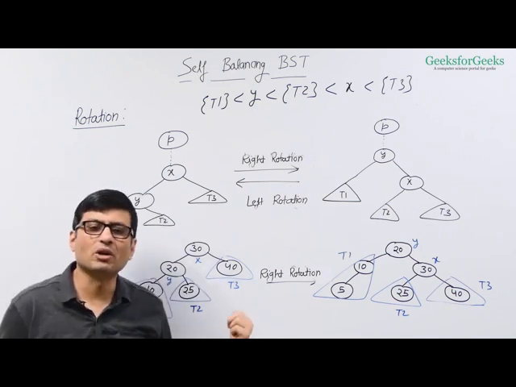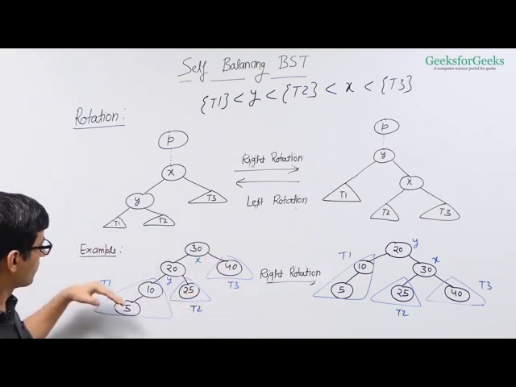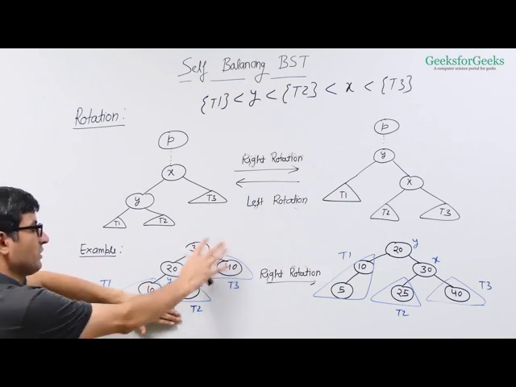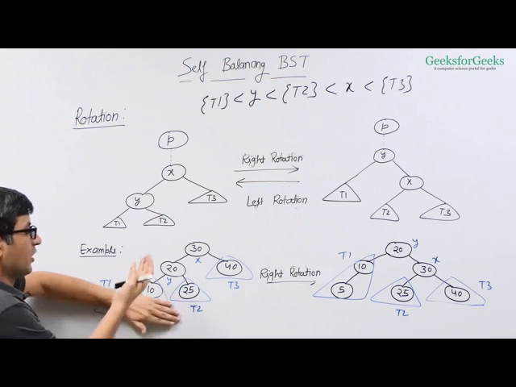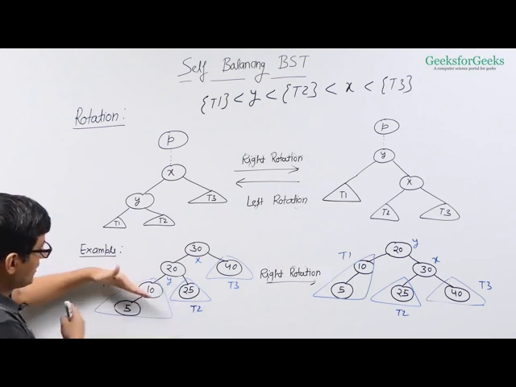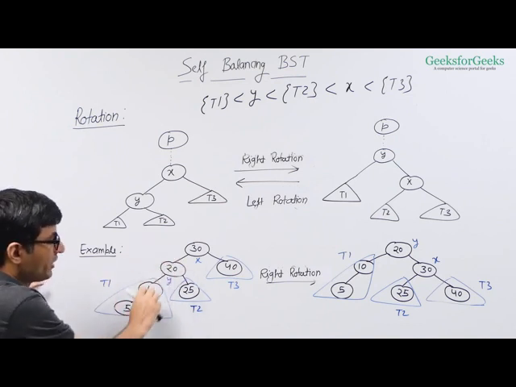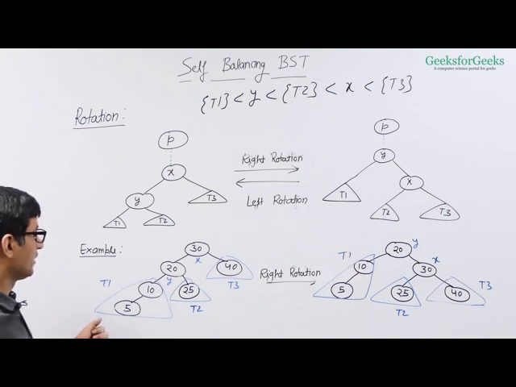Here is an example of right rotation. We have this BST, and before we inserted 5, say this was balanced, right? This was balanced before you inserted 5. You can't get more balance than this, right? Now, when you inserted 5, what happened? This became unbalanced because on this side you have too many nodes and on this side you have only one node. So how do you balance it?